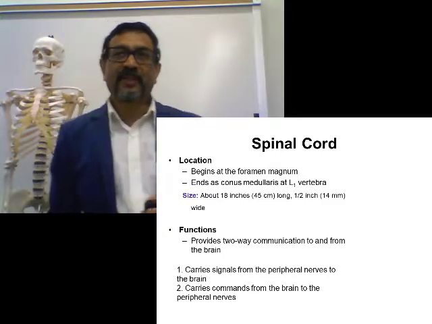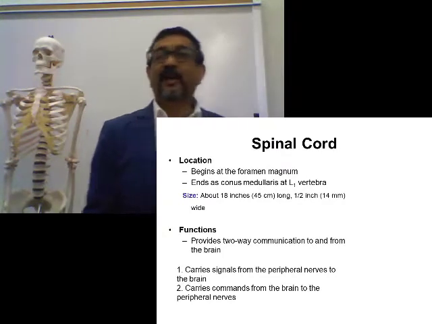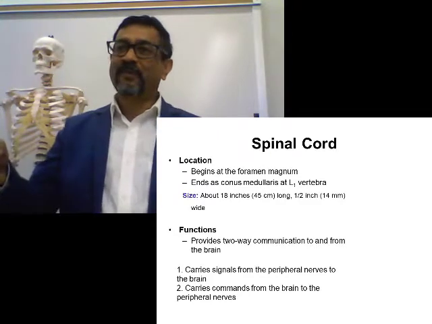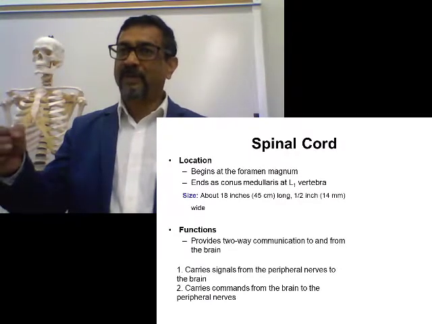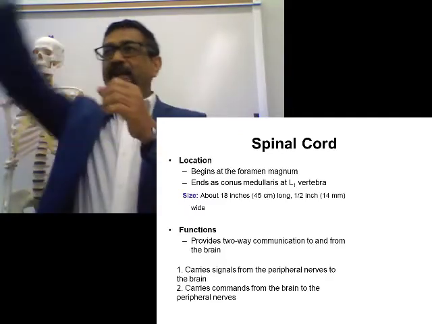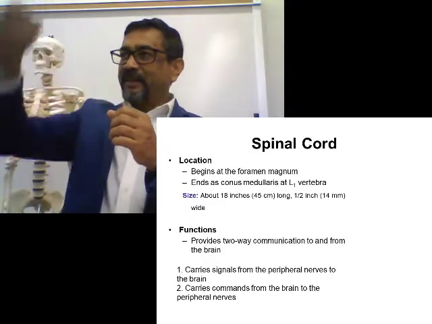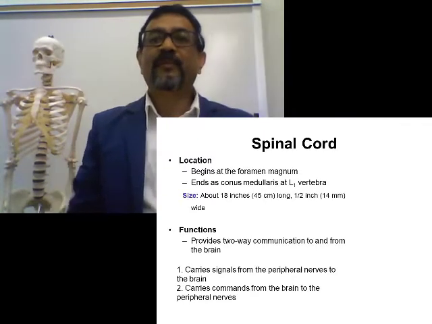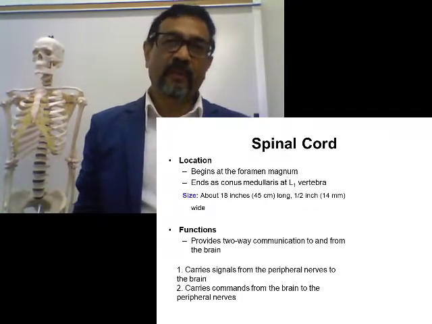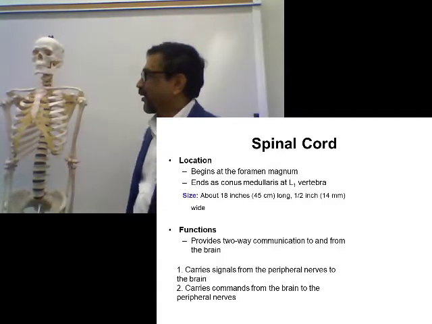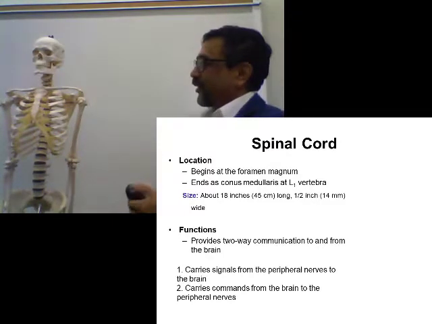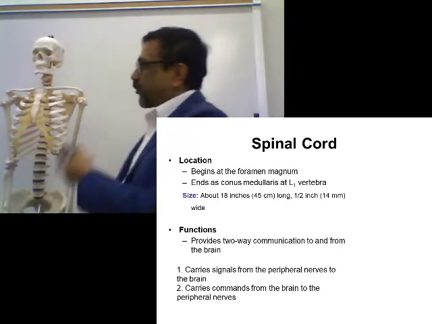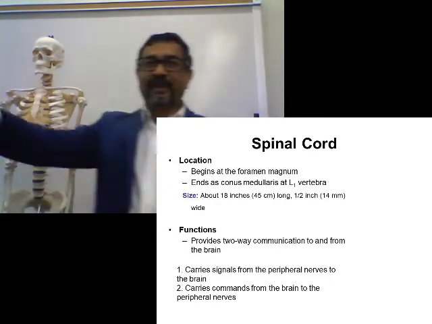Function of the spinal cord. As I have already mentioned, inside the spinal cord you have two types of tracts or bundles of fibers. Some are taking the signal towards the brain, ascending. Some are taking the signal down. So, two-way communication. It carries signal from the peripheral nerve to the brain, as I have mentioned.